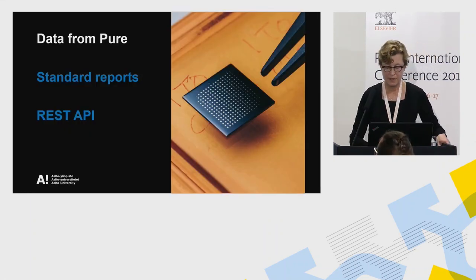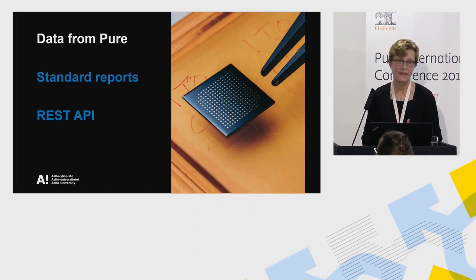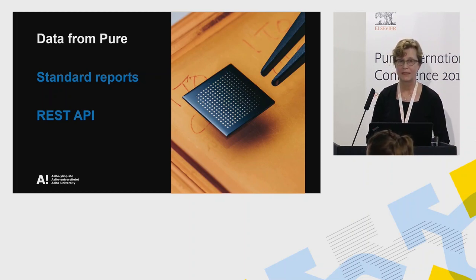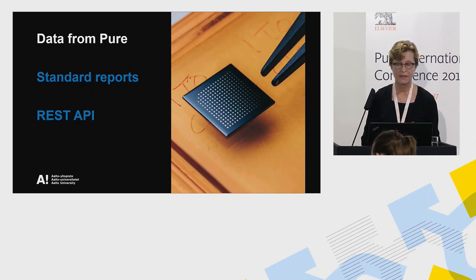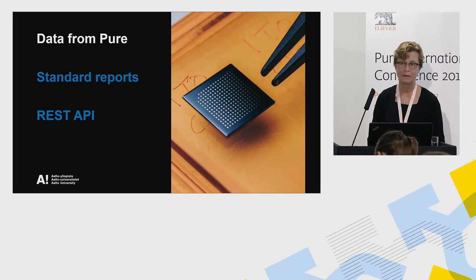To do something like this, we first need the data. Two obvious ways to get data from Pure are from standard reports, first to Excel, and then from Excel to your programming platform, or via the APIs.